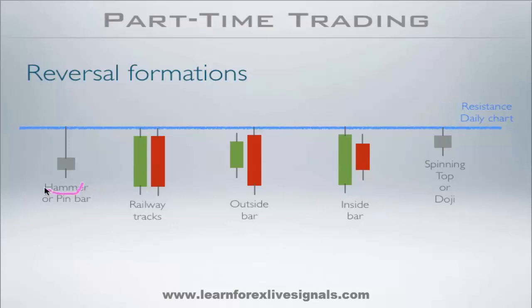Well, first of all, you need the candle to close. You cannot label any bar as a pin bar or as railway tracks or as an outside bar, etc., unless the bar has finally closed. Since this is the daily time frame, you simply need to come back to your charts at the end of the day, at whatever time your trading platform closes the daily bars, and wait for the bar to close.